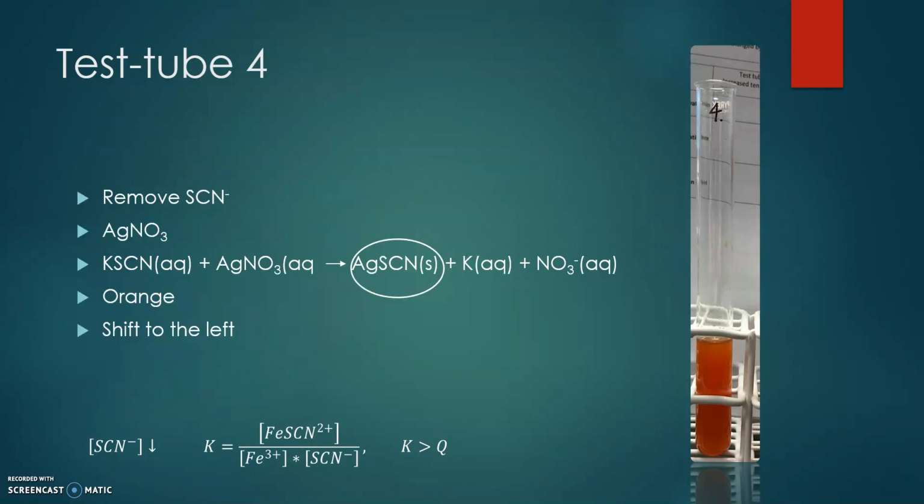This is also why it changes color from red to orange, because there's less product. And as you can see at the bottom, the K value is greater than the Q value, because there's less of the reactants.